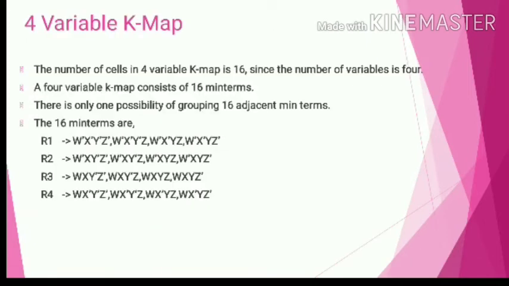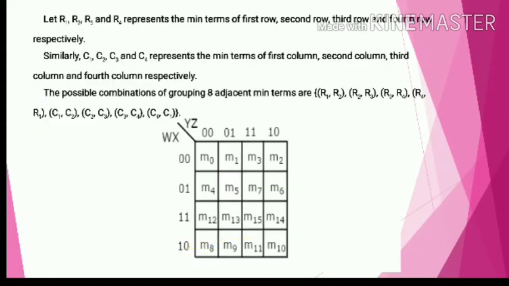Now the 16 minterms are R1, R2, R3, R4. I will explain the first row only. The first row gives 0, 0, 0, 0, that is M0, so it is represented as W' X' Y' Z'.